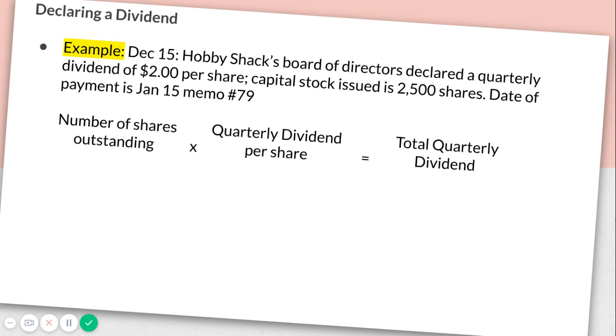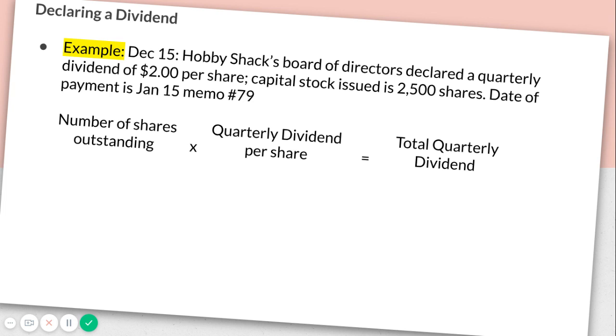Here's an example. On December 15th, Hobby Shack's board of directors declared a quarterly dividend of $2 per share. Capital stock issued is 2,500 shares, and the date of payment is January 15th.